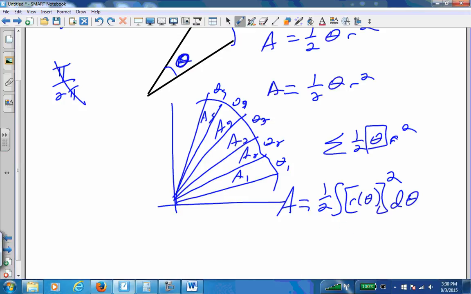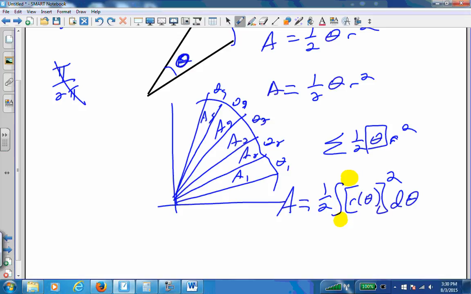Our limits on this, if this is d theta, then these limits will be in terms of angles. So it'll be between what two angles are we integrating?